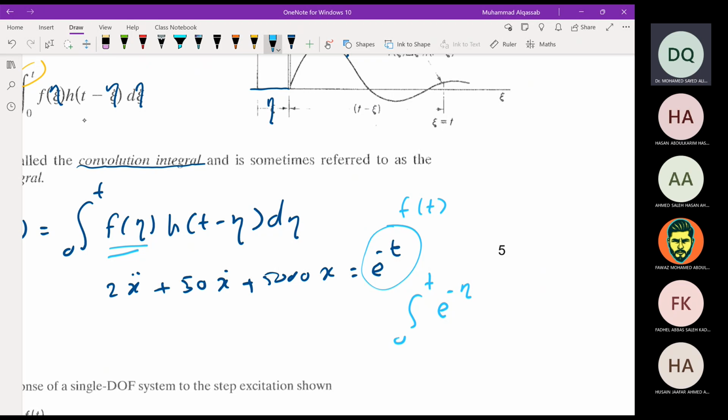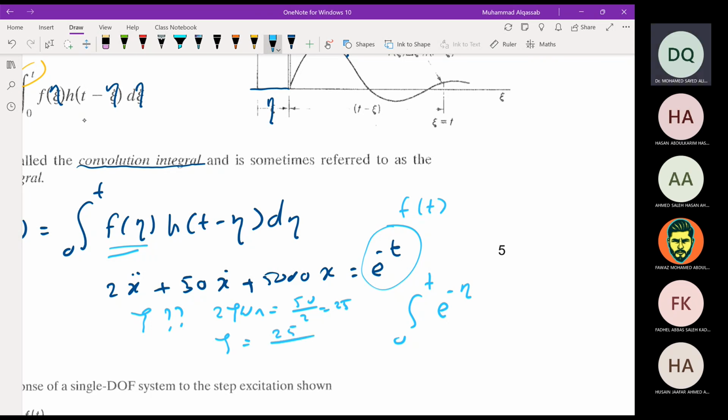So in order to proceed, you need to find how much zeta is for this problem. Okay, so 2 zeta omega n equal to 50 over 2, which is 25. Omega n is the square root of 5,000 over 2.